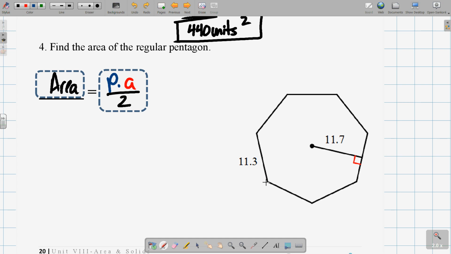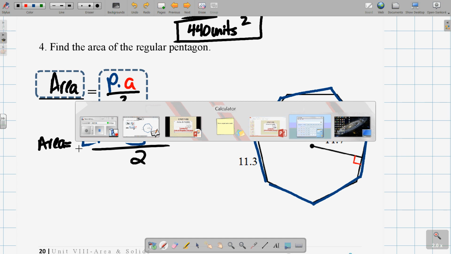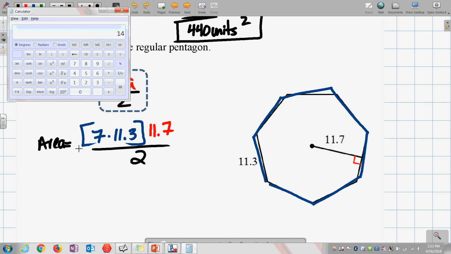Our perimeter, we walk it around. 1, 2, 3, 4, 5, 6, 7. 7 times 11.3 times your apothem, 7.7 over 2. Physically trace. In general, almost a third of you did not physically trace your perimeter. You got this wrong.